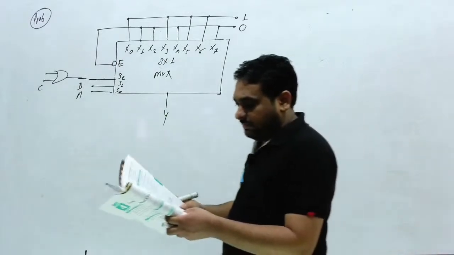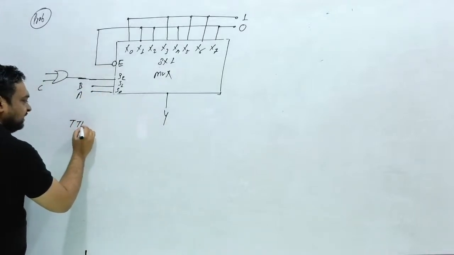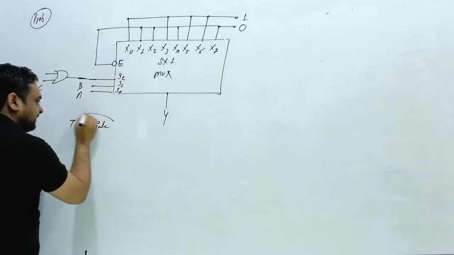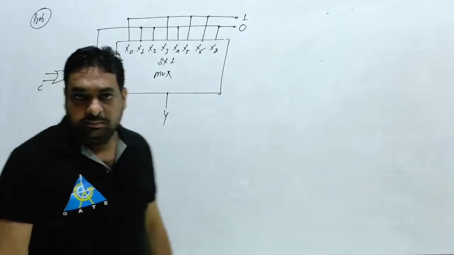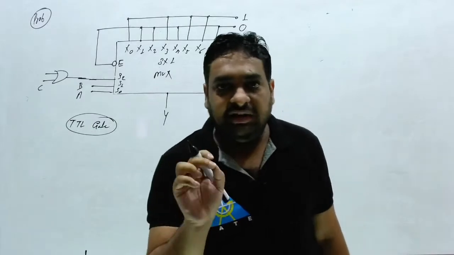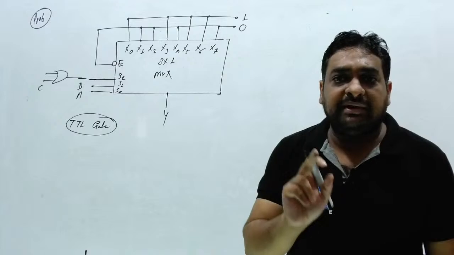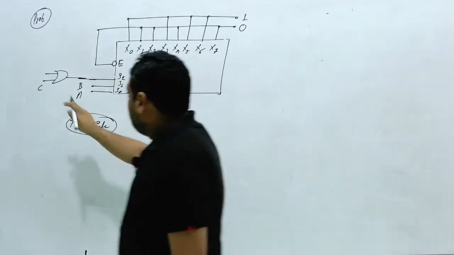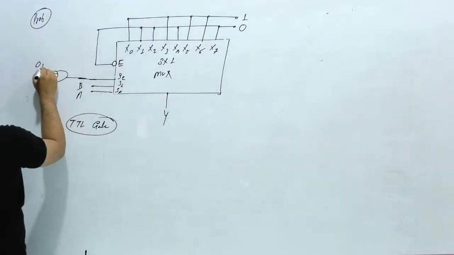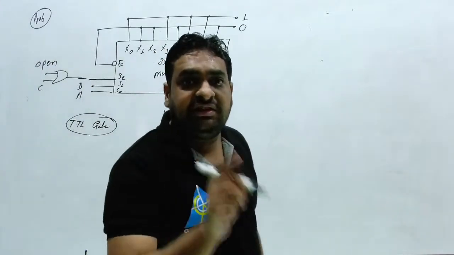This circuit has been given, and here they have provided that this is a TTL gate. Means this OR gate is designed by TTL, and you know very well the floating input concept in TTL gates. So this input is given here open. You cannot treat open as a 0.